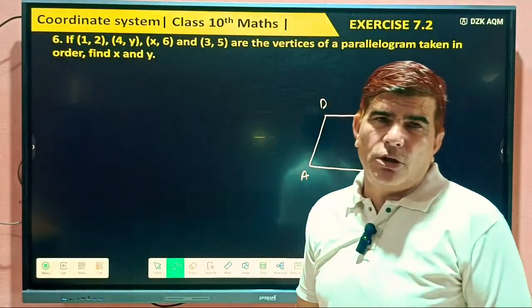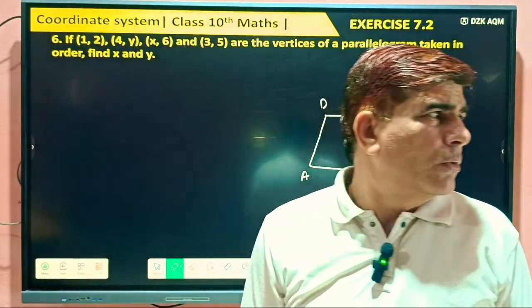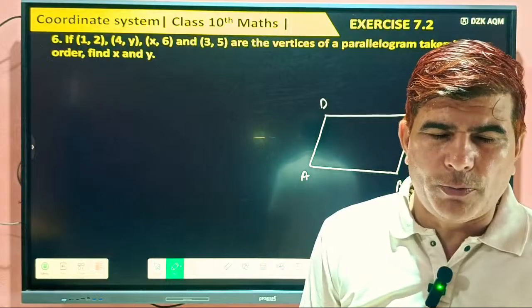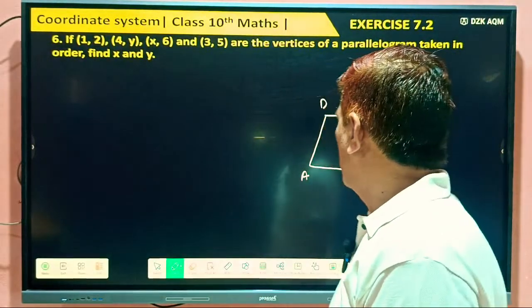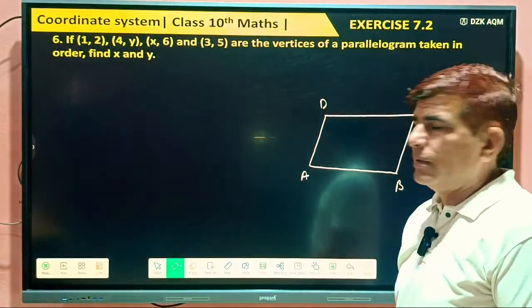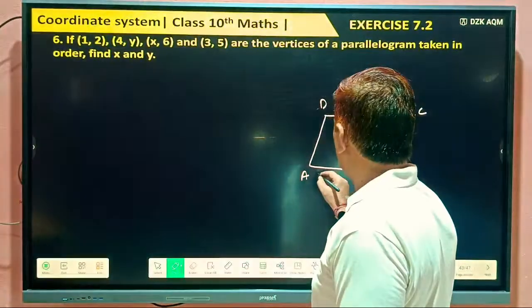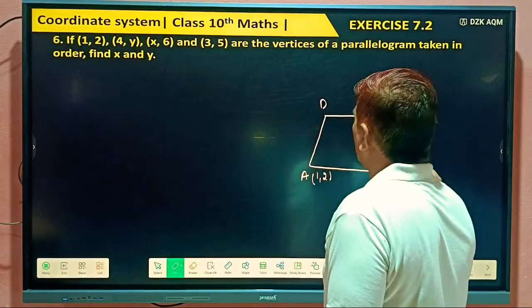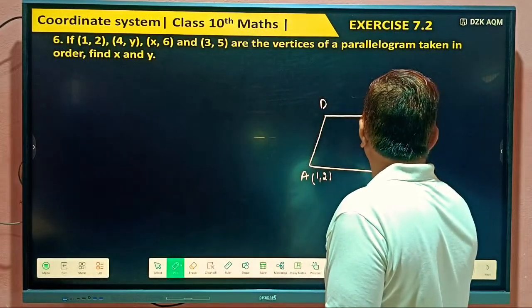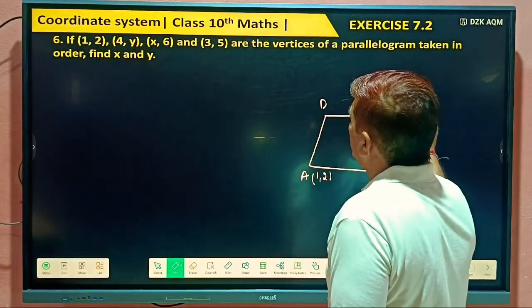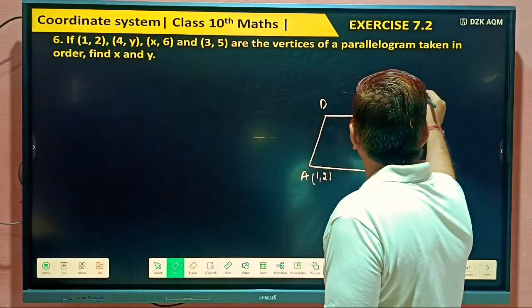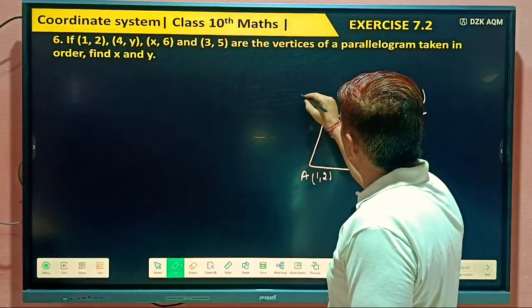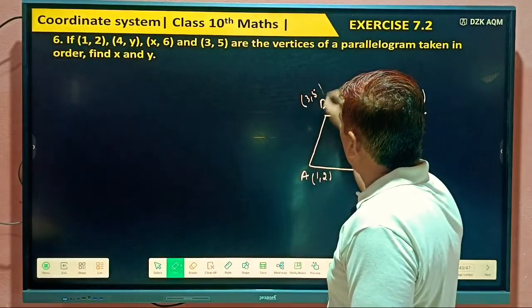Again I want to tell you, a parallelogram is one whose both pairs of opposite sides are parallel and equal and whose diagonals bisect each other. So A, I have taken coordinates 1 and 2. B, I have taken 4 and y. C, I have taken x and 6. D, I have taken 3 and 5.